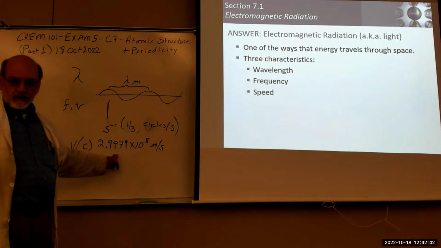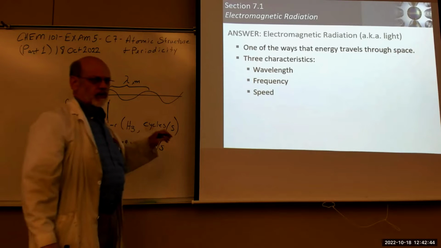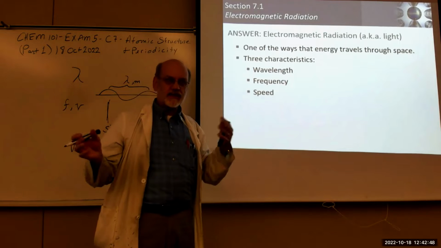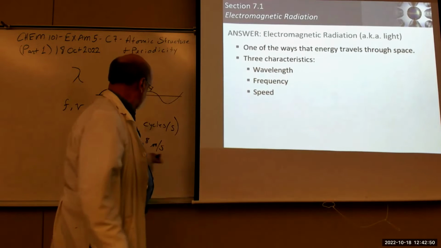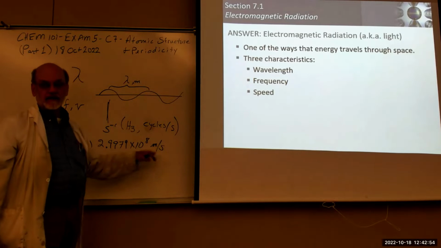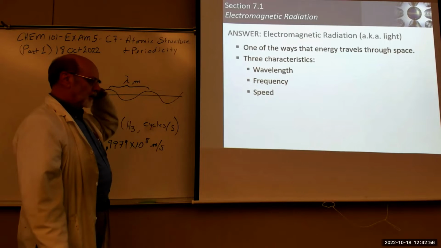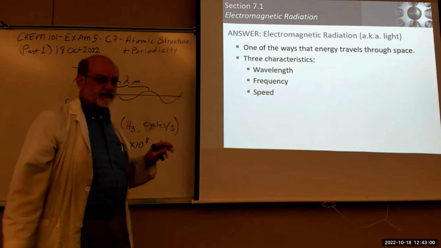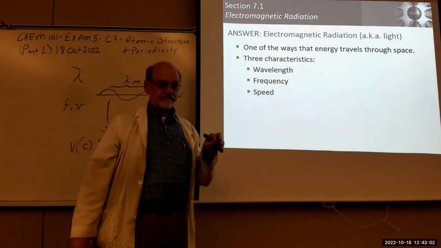Now that's in a vacuum. And for making measurements in the air, in the Earth's atmosphere, it's pretty close. Right? In fact, sometimes we round it off to 3.0. But just realize that light travels at different speeds through different media. Right?